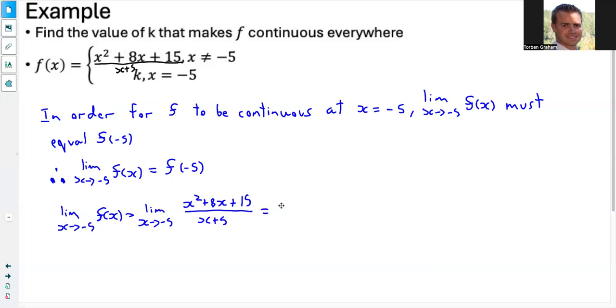So that's equal to our limit as x approaches -5 of, what I want to do is factor this. So that becomes x plus 5 times x plus 3 over x plus 5.